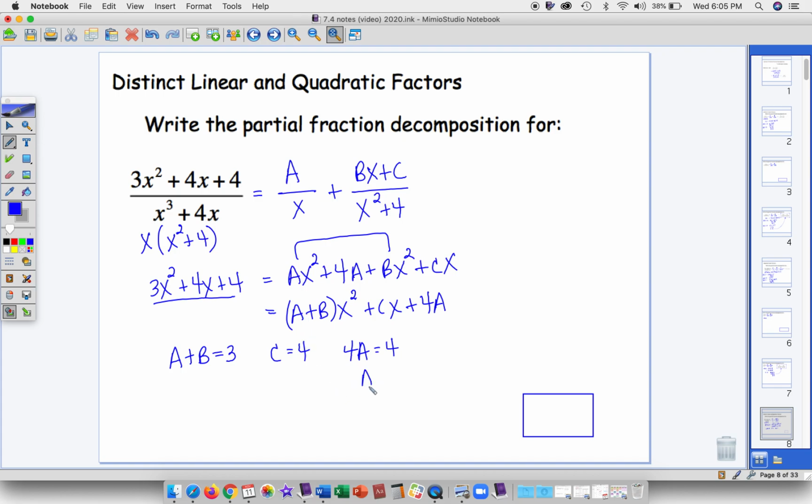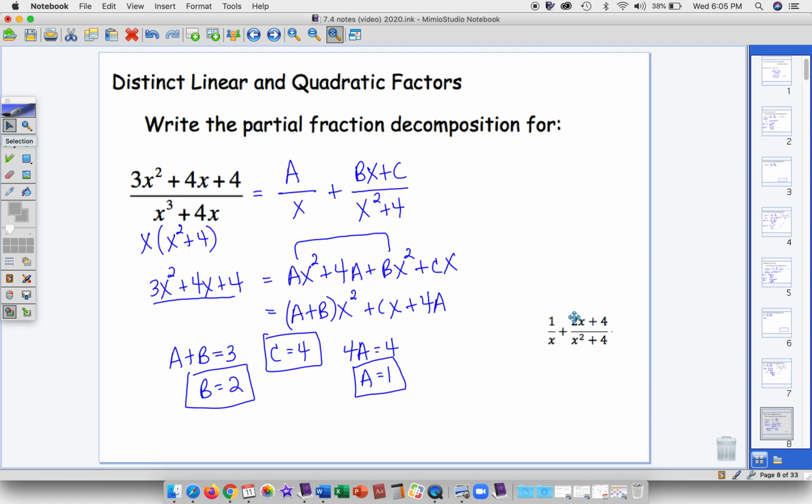So I know a is equal to 1. That's easy to solve, and you'll find a lot of these systems will probably be pretty simple to solve. You may have some tricky ones eventually, but okay, if a is 1, that makes b equal to 2. And there are my 3 values. So I did need both b and c.